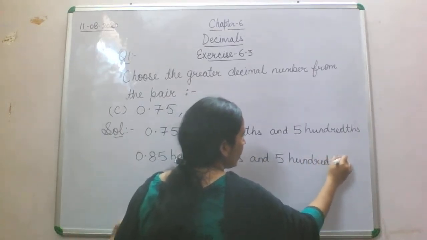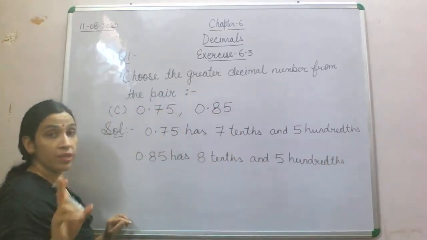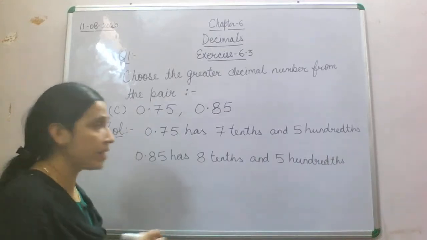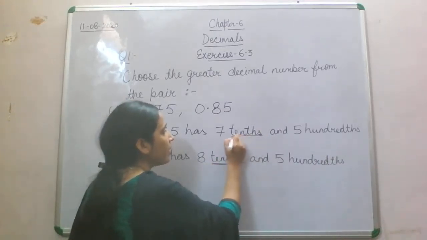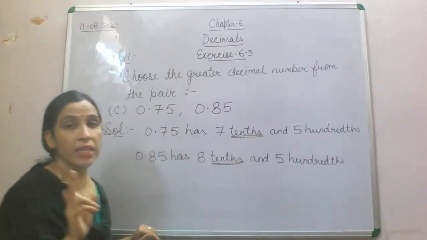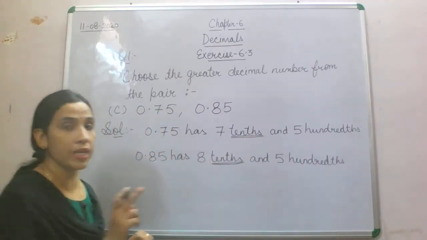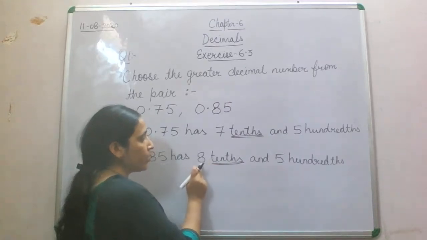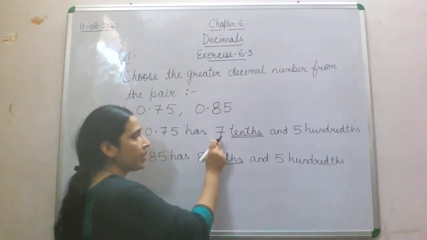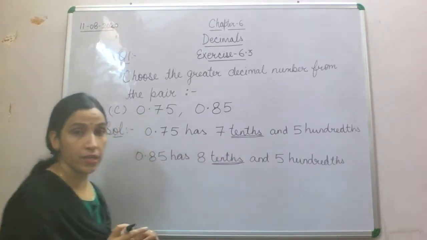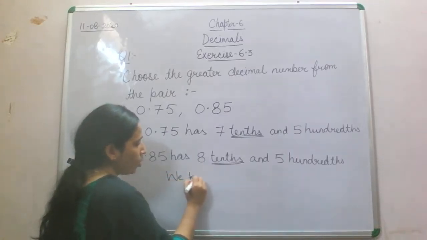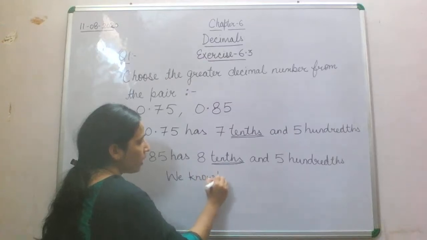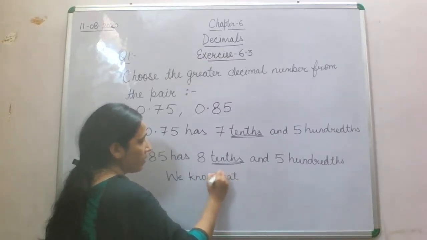So now we are going to compare the first place value of the decimal place, that is the tenths. Here you can see 8 tenths, here you can see 7 tenths. So which number is greater, 8 or 7?